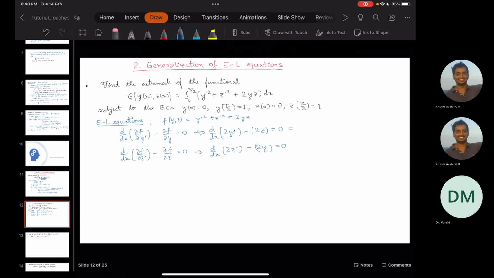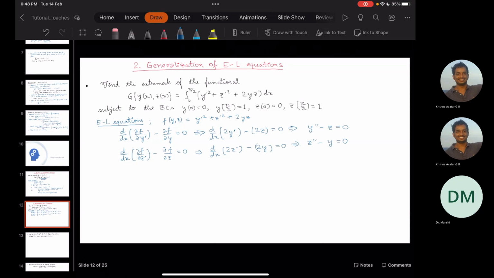The first Euler-Lagrange equation, after factoring out 2, gives y double prime minus z is equal to 0, and the second gives z double prime minus y is equal to 0. So we have coupled equations in y and z.